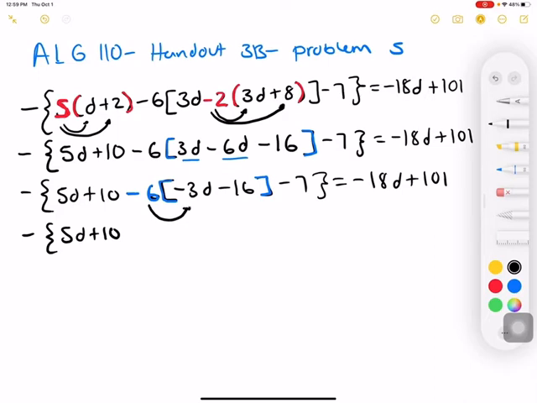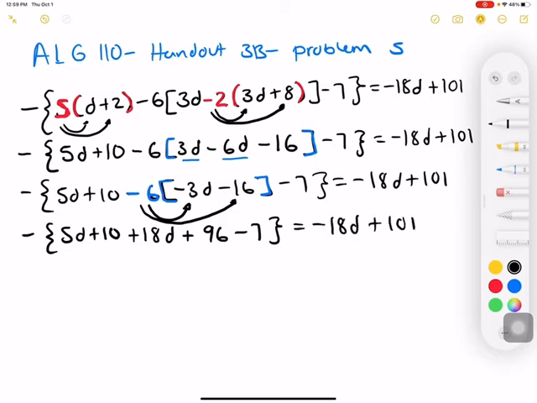Negative 6 times negative 3 is positive 18d, and negative 6 times negative 16 is going to be positive 96. 6 times 6 is 36, 6 times 1 is 6, plus 3 is 9. I also have a negative 7 in here, equals negative 18d plus 101.